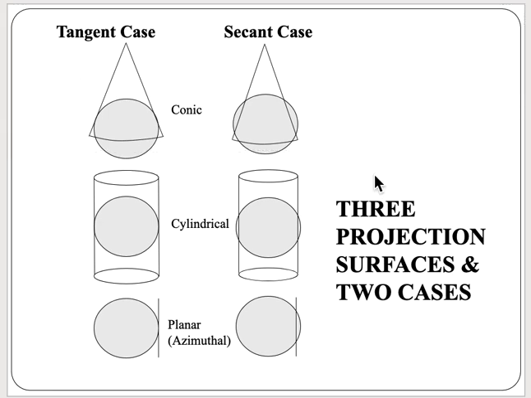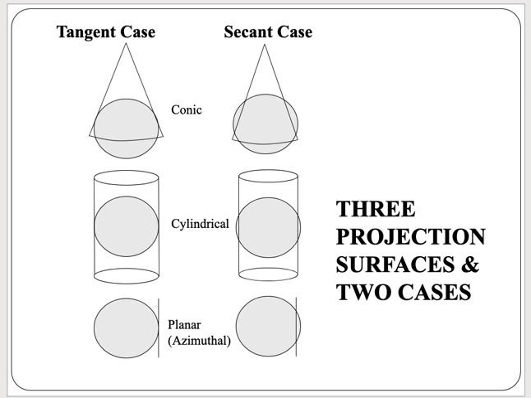So these are our three projection surfaces and the two types of case. Our first type of projection surface is the conic projection surface, and we can see here that for a tangent case, let me get my pencil or marker to draw.